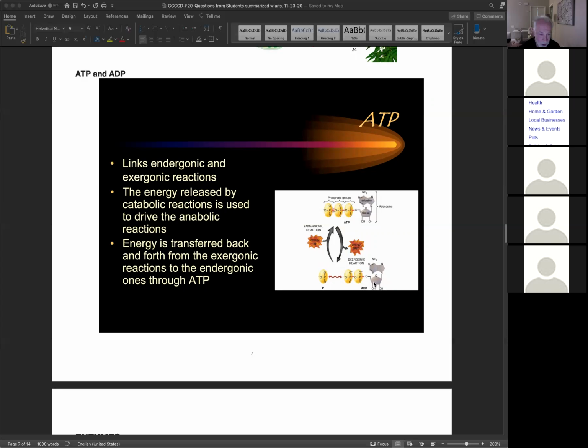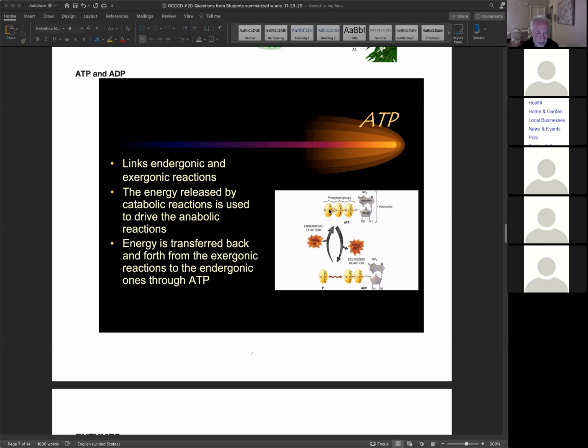So what happens when ATP synthesis is involved, ADP, which has two phosphate groups at the 5' position, takes one inorganic phosphate group and adds it on so that ATP, triphosphate, is what you see at the top.